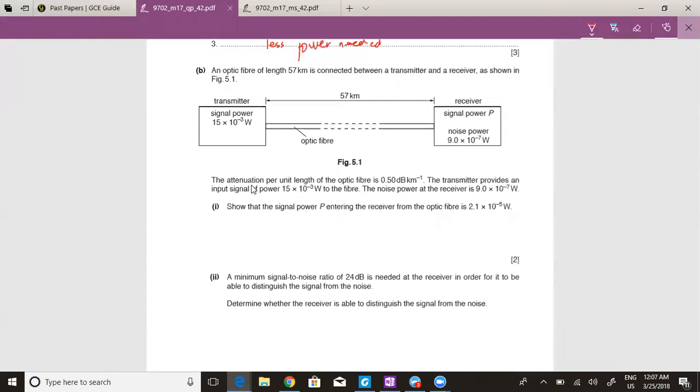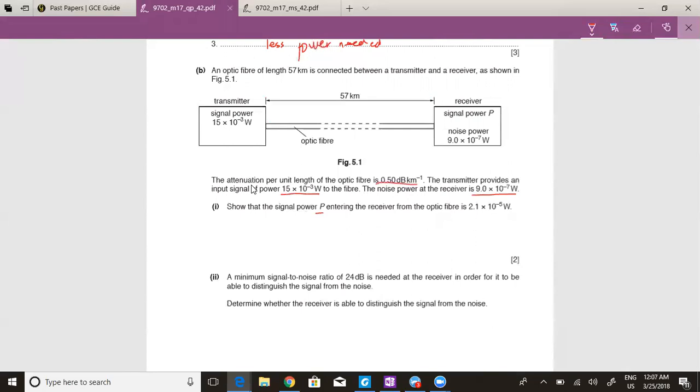Okay, let's see. The attenuation per unit length is 0.5 decibels per kilometer. The transmitter provides an input signal of this many watts and the noise power is this much. The signal power P entering the receiver is 2.1 × 10^-5 watts. So now let's use the definition of attenuation.